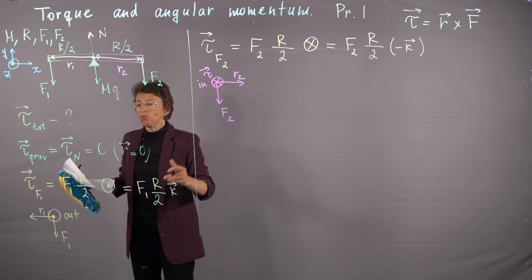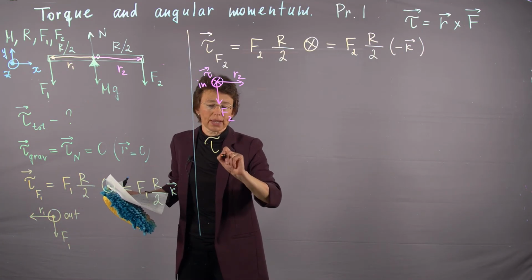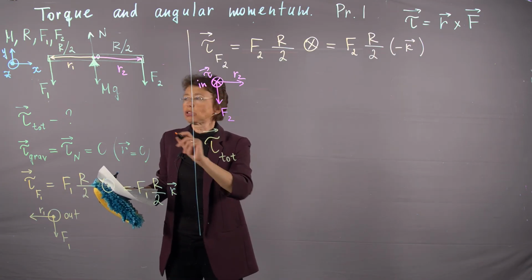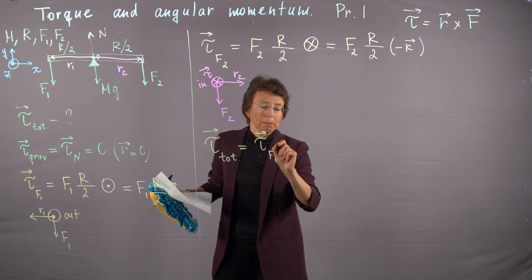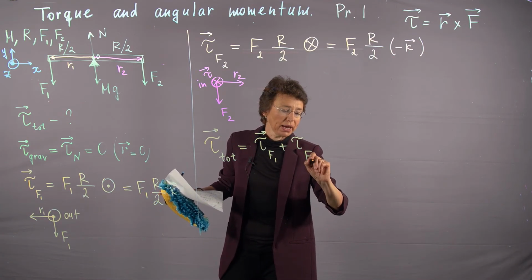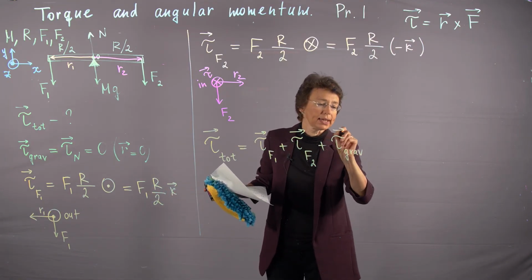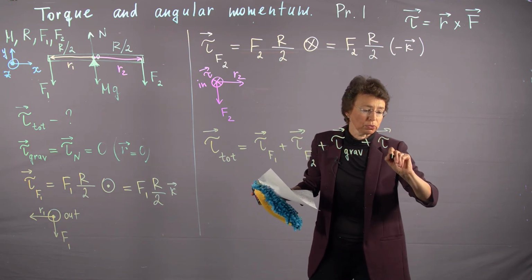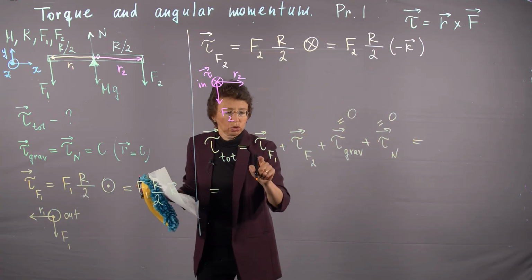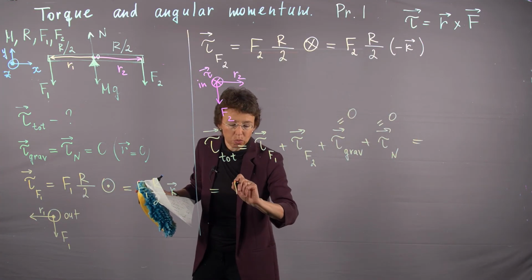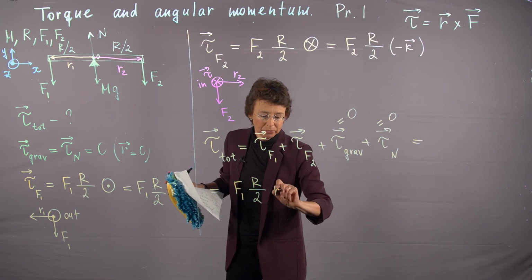Now I need to find the total torque, which means the vector sum of all torques exerted on this rod: tau created by F1 plus tau created by F2 plus tau created by gravity plus the torque created by the normal force. Well, the last two are 0. The torque created by F1 is F1 R over 2 along k.